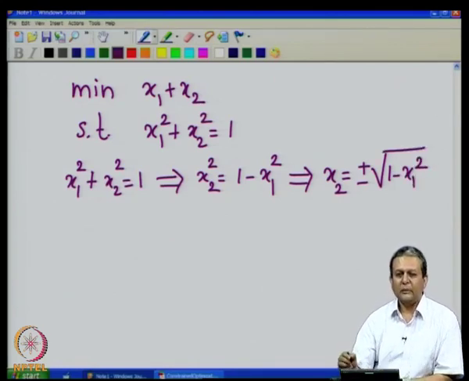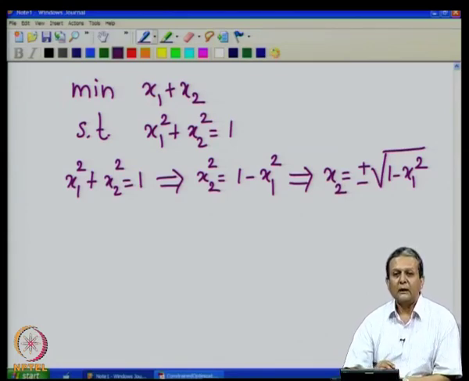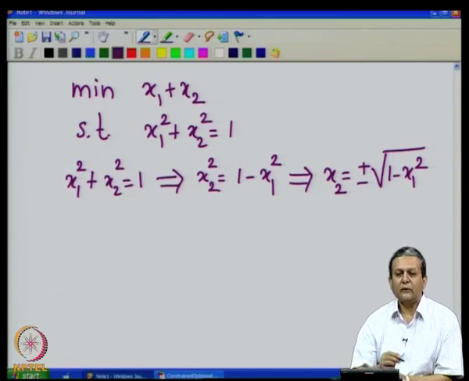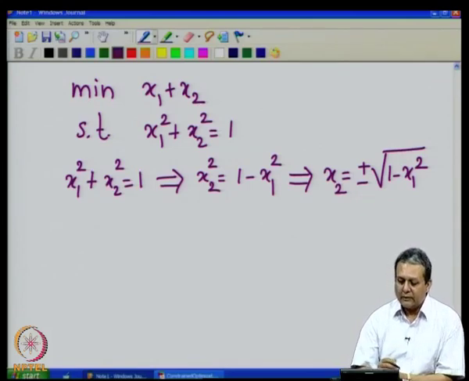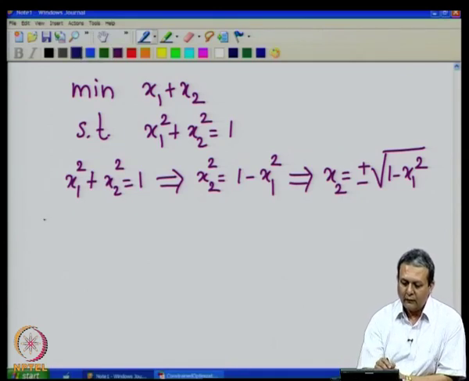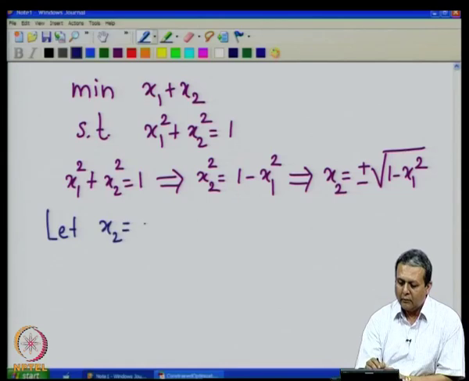So, there are two possibilities. One is that x2 is square root of 1 minus x1 square, and the other possibility is the negative of the square root of 1 minus x1 square. So, suppose you choose one of these possibilities. Let us take x2 to be minus root of 1 minus x1 square.